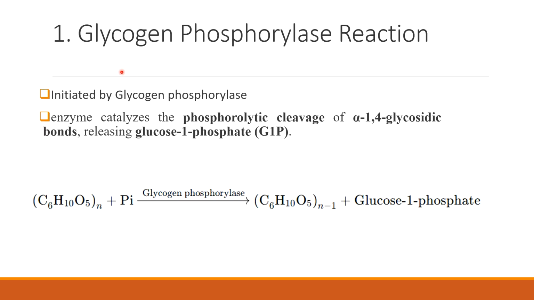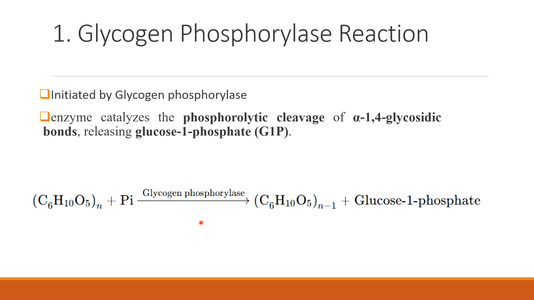Now let us see the steps of glycogenolysis. The first step is the glycogen phosphorylase reaction. Glycogenolysis is initiated by the enzyme glycogen phosphorylase. It acts on the non-reducing ends of glycogen molecules.